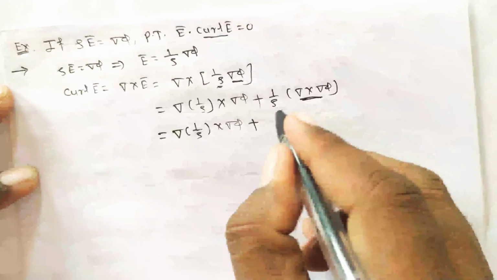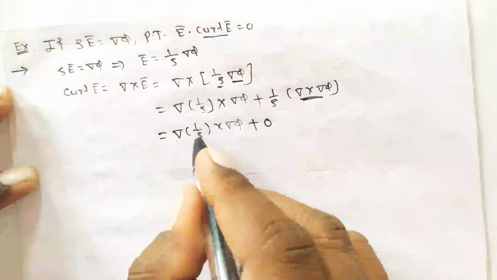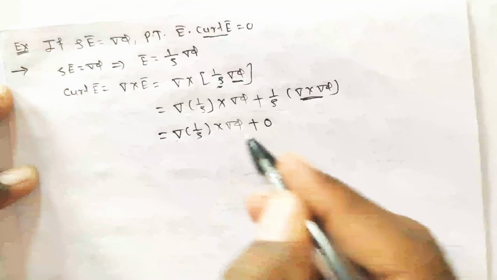Del cross del is 0, so this quantity is 0. So the value of curl of e bar is del of 1 by rho cross del phi.